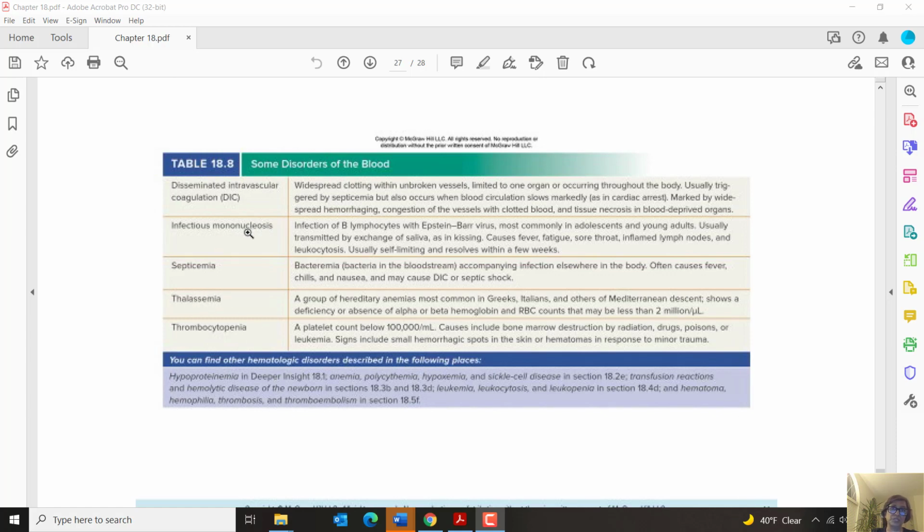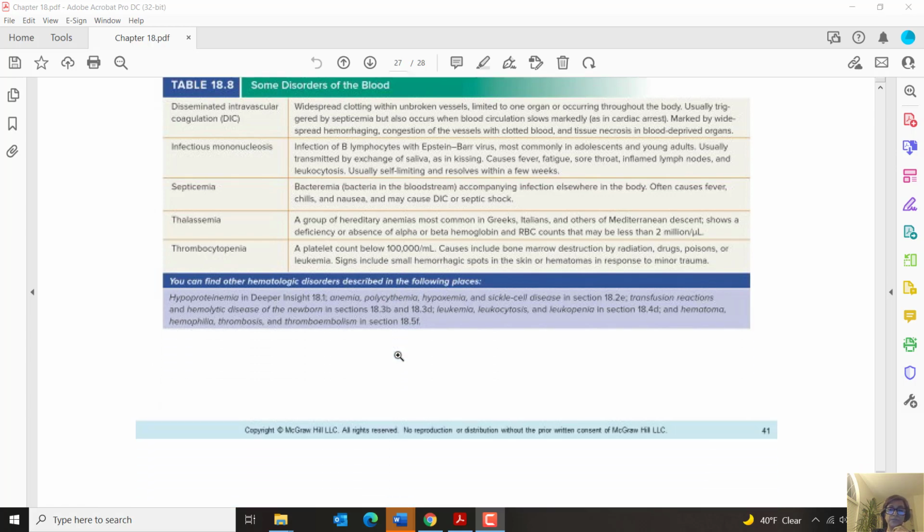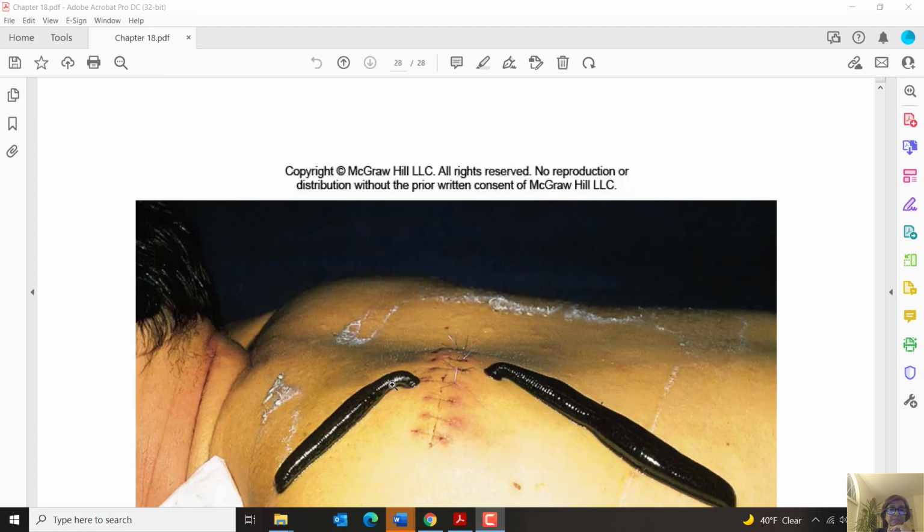Infectious mononucleosis, again, mono, right, affecting the monocytes. And then disseminated intravascular coagulation. This is widespread clotting, could be genetic as well, okay? Thrombocytopenia, where the platelet count is much, much lower than normal. Okay, so these are some of the diseases that we see.